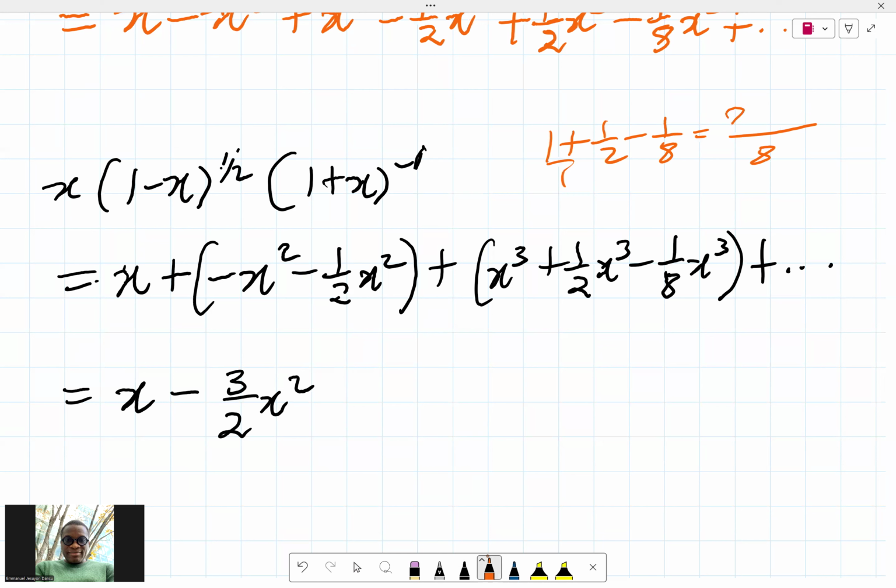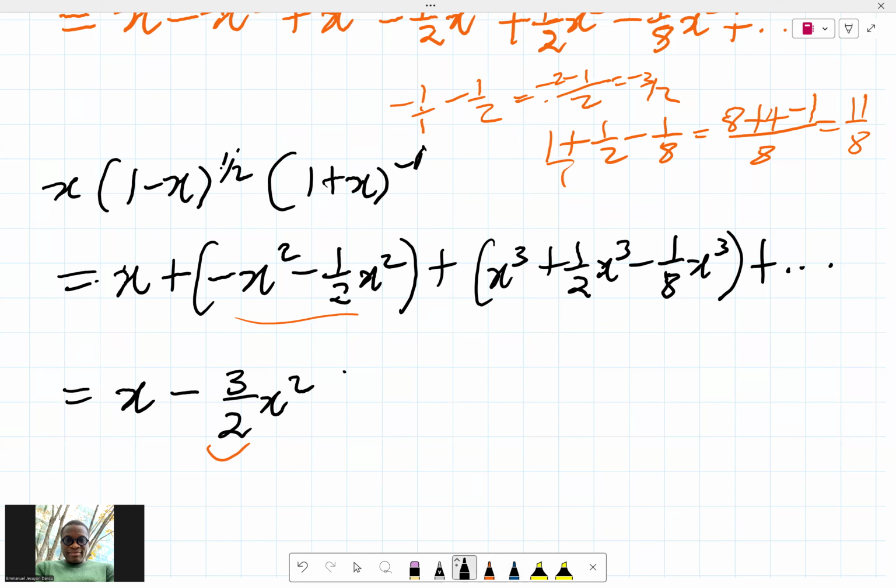So 1 in 8 is 8, plus 2 in 8 is 4, then minus 1. That's 11 over 8. Just like here, we had minus 1 over 1 minus 1 over 2, and the LCM is 2. 1 in 2 is 2, that's minus 2 minus 1, that's minus 3 over 2. That's why we have this minus 3 over 2. So here it means that this is actually plus 11 over 8 x cubed, and all of that continues.